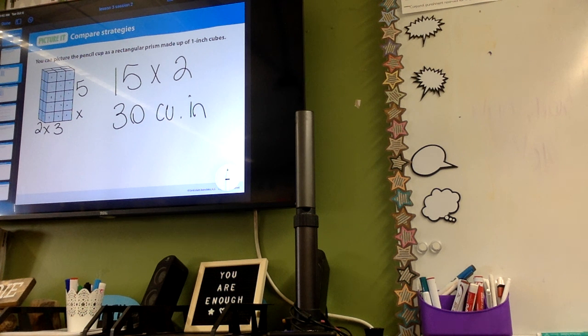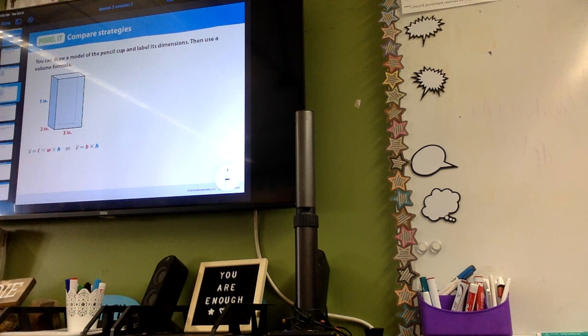All right, let's look at the model down below that. So now we just have the box with no cubic thingies. I forgot what they were called. Units. Thank you. Unit cubes. Okay, so now we just have the box, but we still have our numbers there. Remember, these are our two formulas.